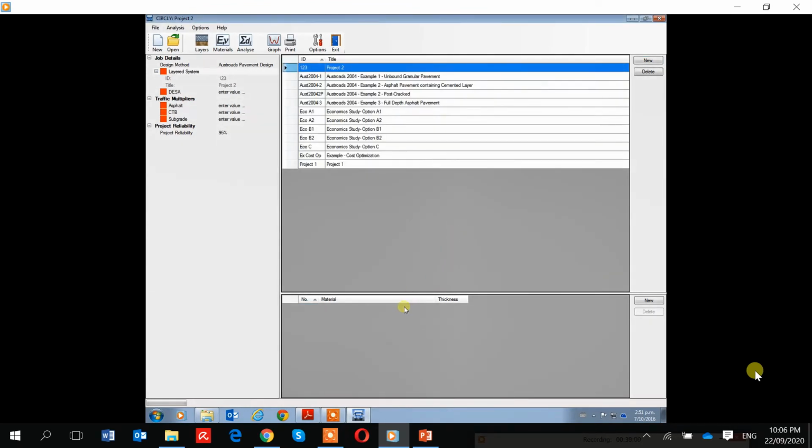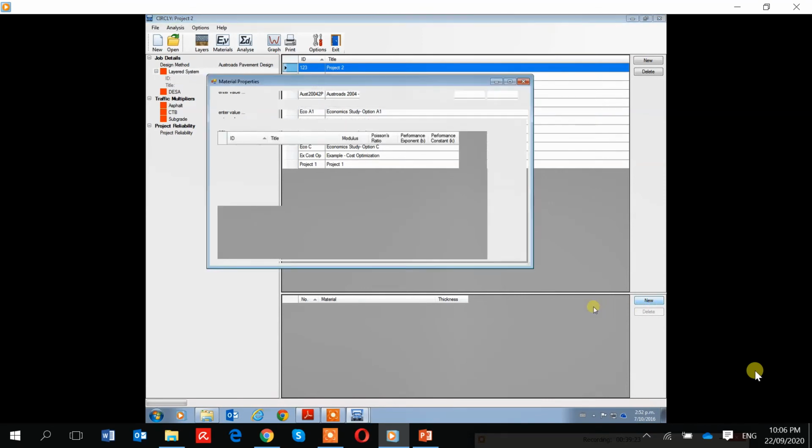For this trial pavement, I'm going to use two layers of asphalt, and on top of the cemented material layer, followed by the granular layer, and all of this on top of the subgrade.